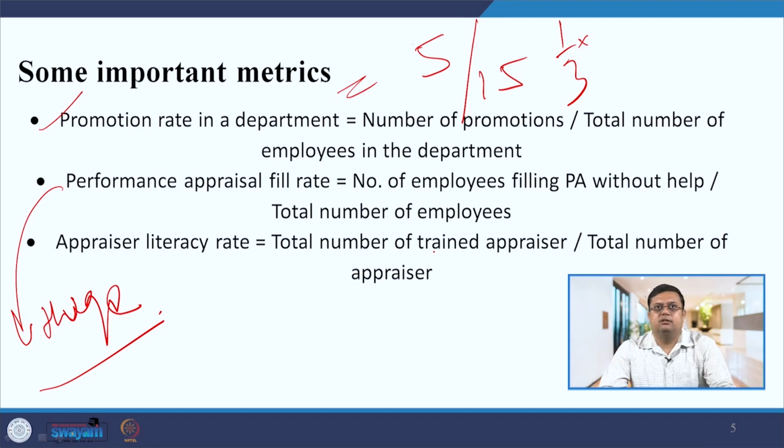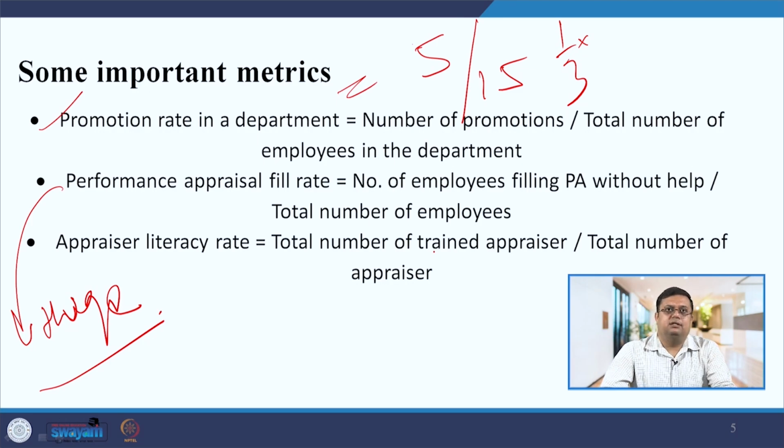And the second one, this literacy rate, you can increase, because the moment it is increased, then transparency and the quality of data also will improve. If the quality of data that you are going to collect through this entire process is not there, if the data is not accurate, then your decisions may not be appropriate in the organization.